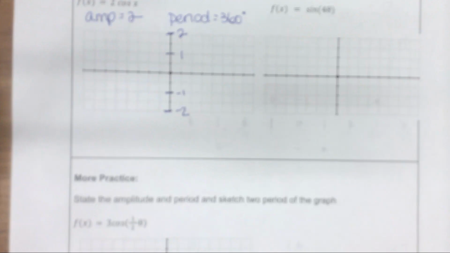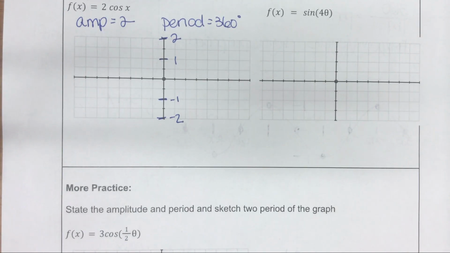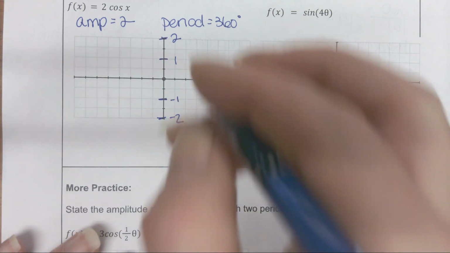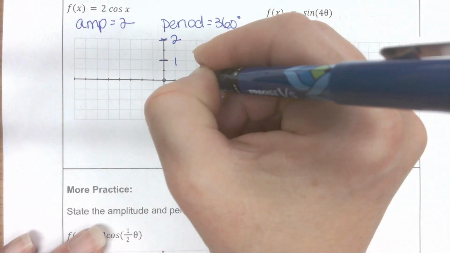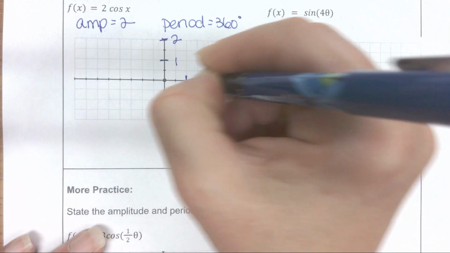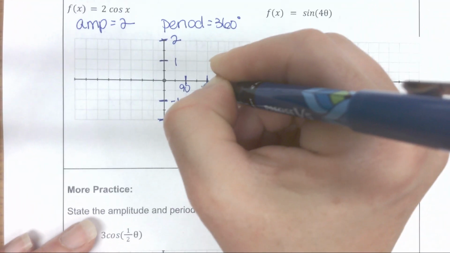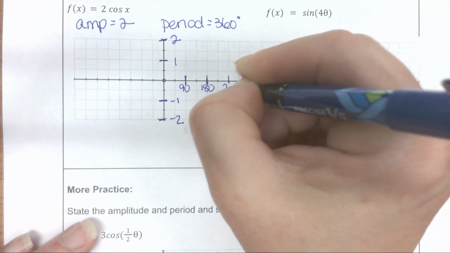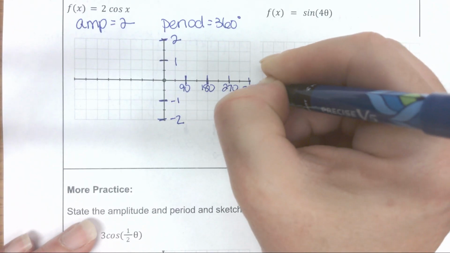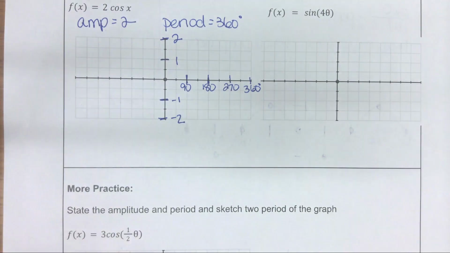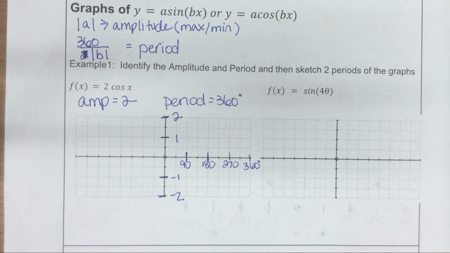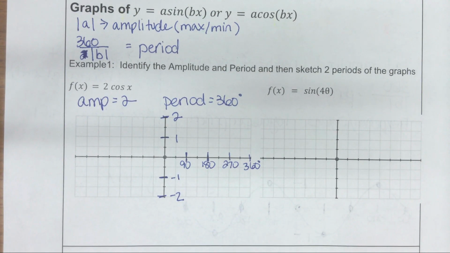Okay, since I didn't change my period at all, I'm going to do the same thing I did last time. So I'm going to take 2 tick marks, and that's 90 degrees, 180, 270, 360. Now, this is a cosine curve. Cosine curves always start at the top. The top of this one's going to start at 2.